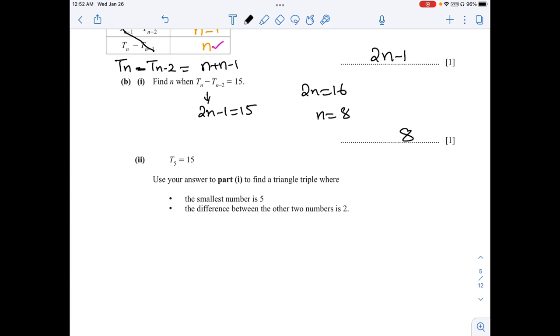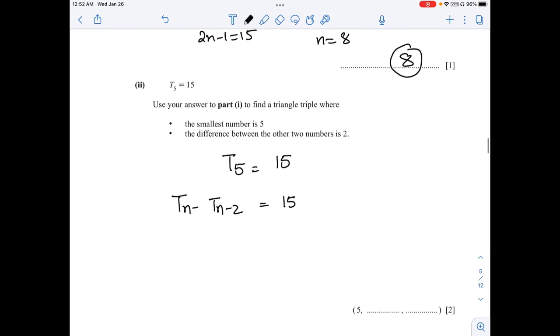So I have to have T5 is 15. Now from here we can see that 15 can be written as Tn minus Tn minus 2, and the n value is nothing but 8. So it becomes T8 minus T6 is equal to 15.